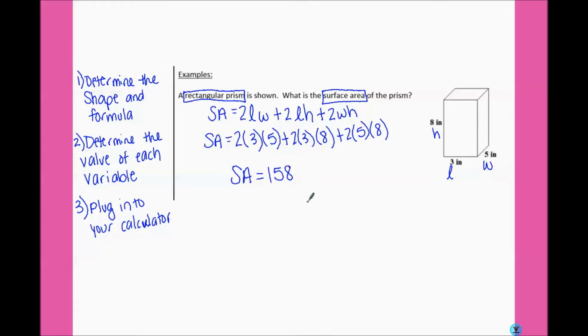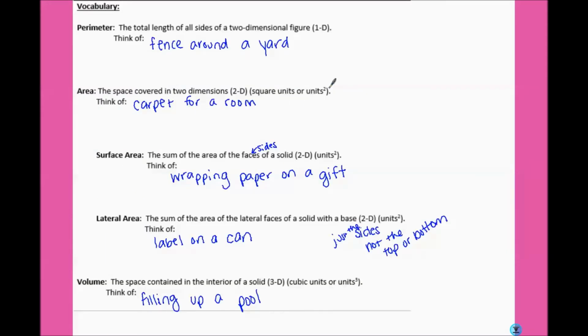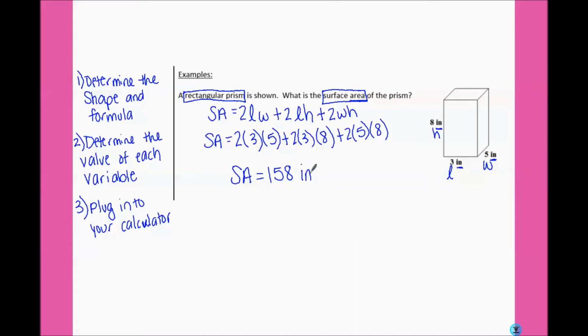The thing you need to make sure to include is your units. Since all the measures there were in inches, we're going to use inches, but it's area, and we said that area is always units squared, so this is inches squared.